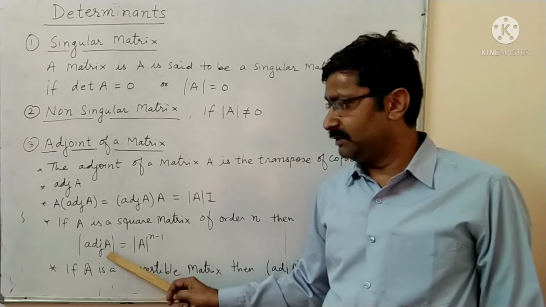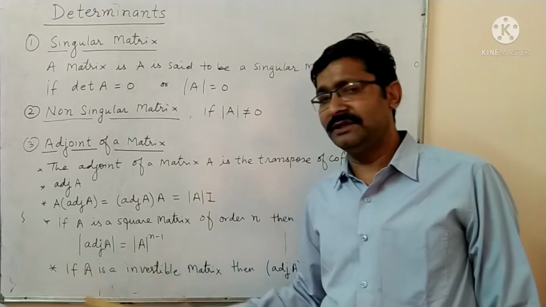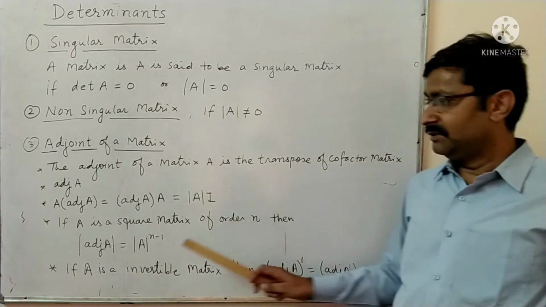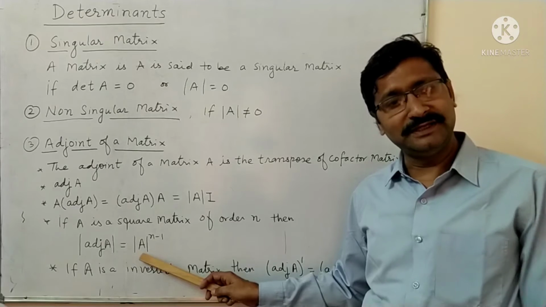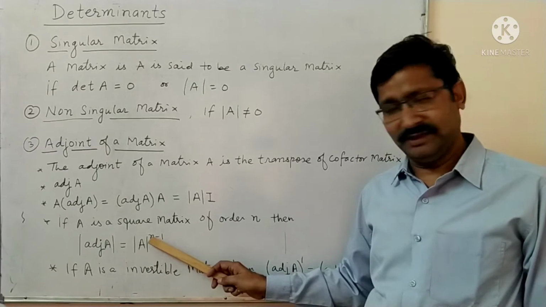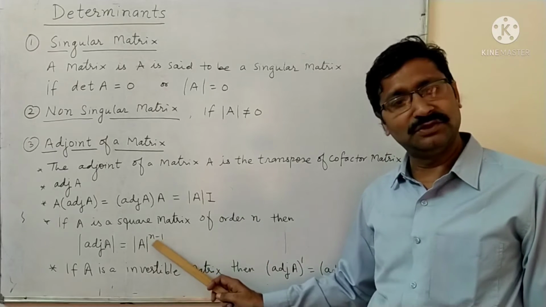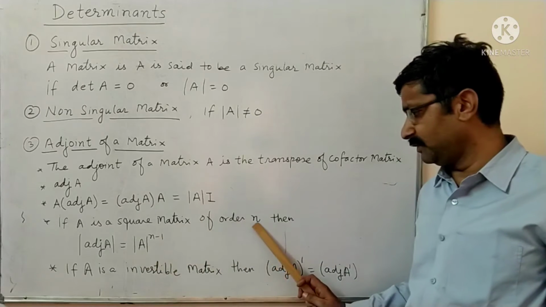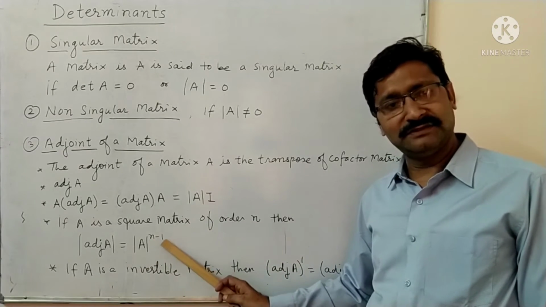So if you have a question asking for the determinant of adjoint A, you need not find the adjoint by this method. What to do? You just find determinant A and write the power n minus 1. If the order is 3, then 3 minus 1 is 2, meaning determinant A squared. If the order is 2, then here will be 1 only. 2 minus 1 is 1.